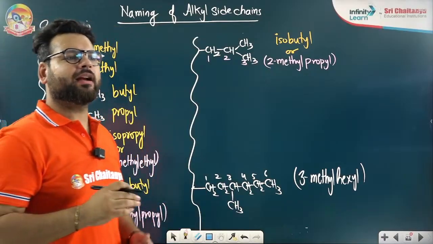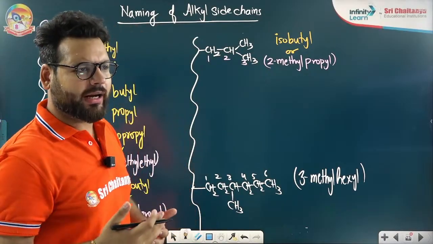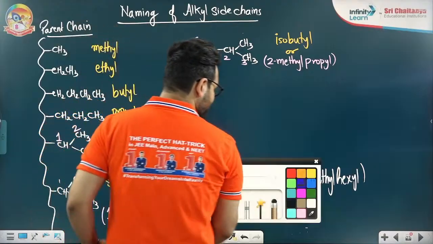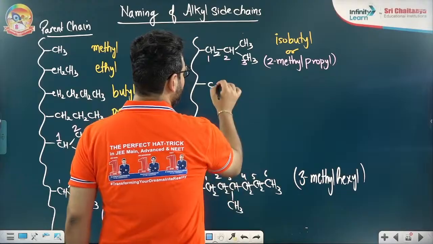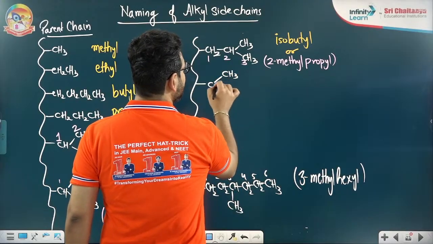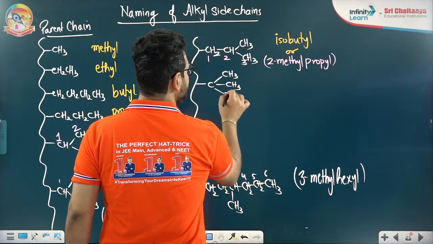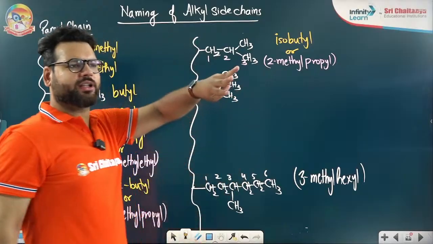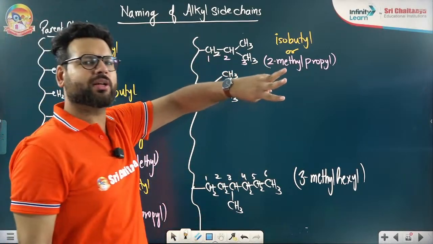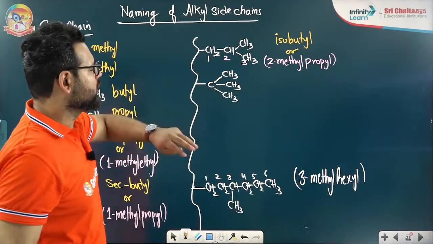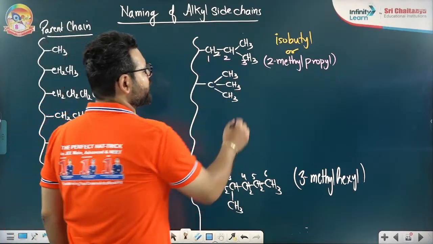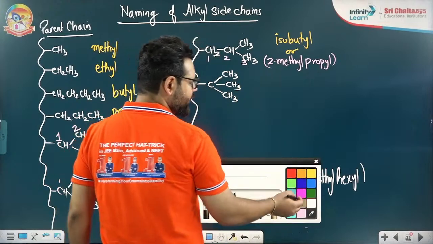Then the second way was to remove the tertiary hydrogen. If you remove the tertiary hydrogen, the attachment will occur like this: C, CH3, CH3, CH3. Whenever you see this trishul type, when there are 4 carbons and you can see a trishul, trishul means tertiary. So this is tertiary because I have removed a tertiary hydrogen.